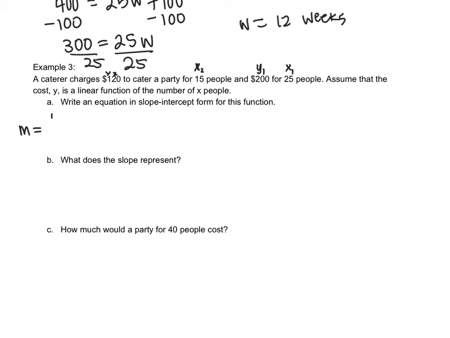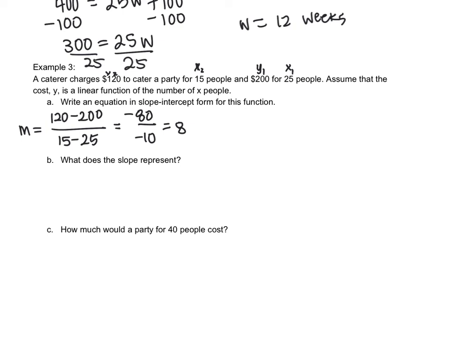So we're going to do 120 minus 200 over 15 minus 25 to get our slope. 120 minus 200 is negative 80, and 15 minus 25 is negative 10, which means we have a slope of 8. So we know it's $8 per person.